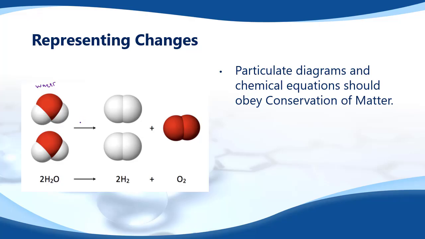In order to get this reaction to happen, we have to input energy, and the way we do this for this particular reaction is we add electricity to it, and we form hydrogen gas, and we form oxygen gas. Now, when you do a particulate diagram, make sure it obeys conservation of matter as much as the question asks you to, right? So if the question was, draw a particle diagram for the balanced decomposition of water, I would have 2 water molecules, 2 hydrogen molecules, and an oxygen molecule.